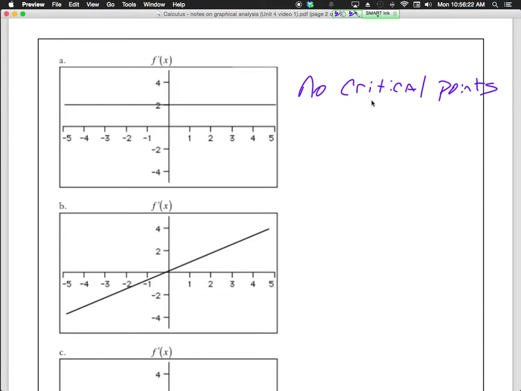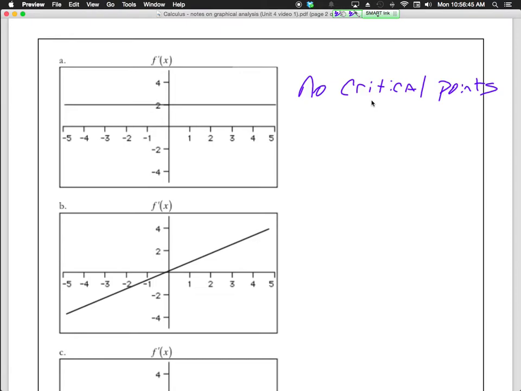There are only 4 things we're going to use f prime of x for when we're talking about f of x. What are we looking for? When it equals 0, and graphically it touches the x-axis. That's the first thing. What else?